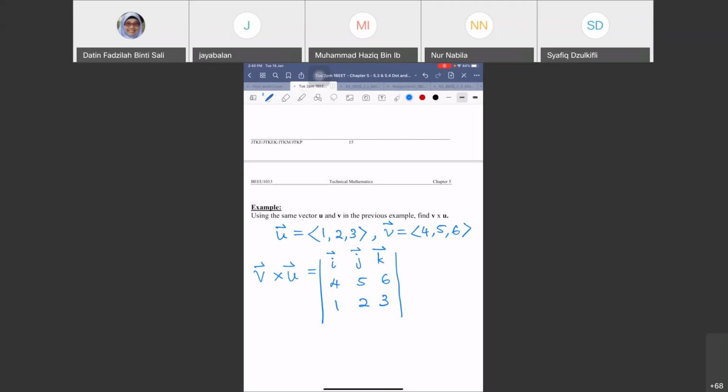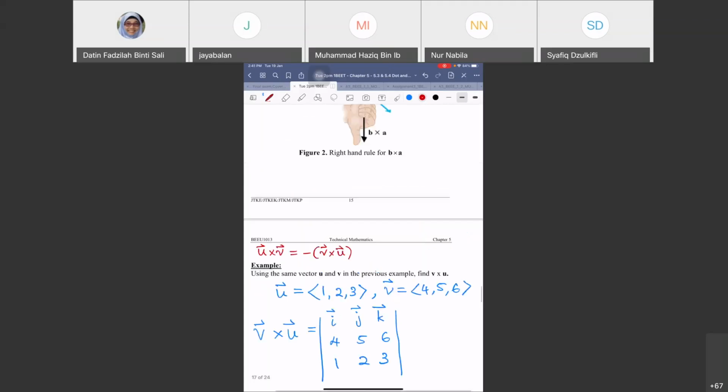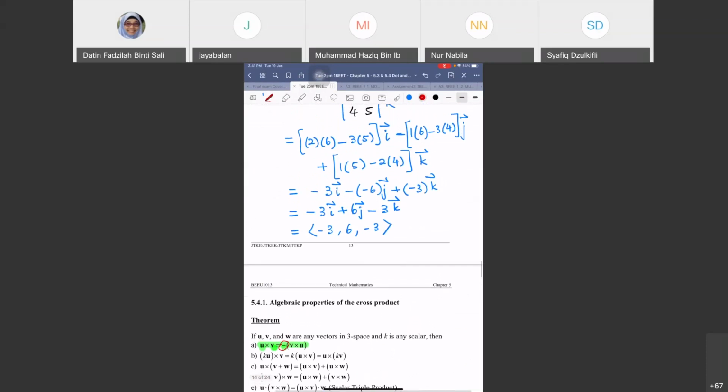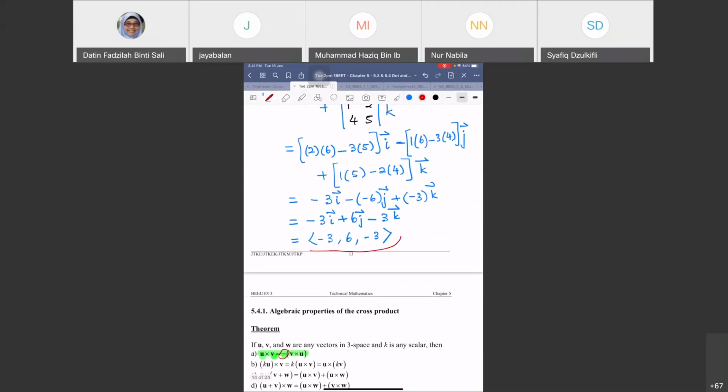Okay, the earlier theorem says that U cross V equals minus V cross U. From the previous example, what we got is here: this is our U cross V. That means our U cross V is minus 3, 6, minus 3.